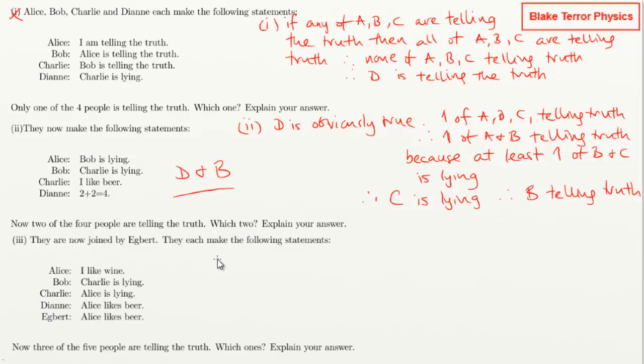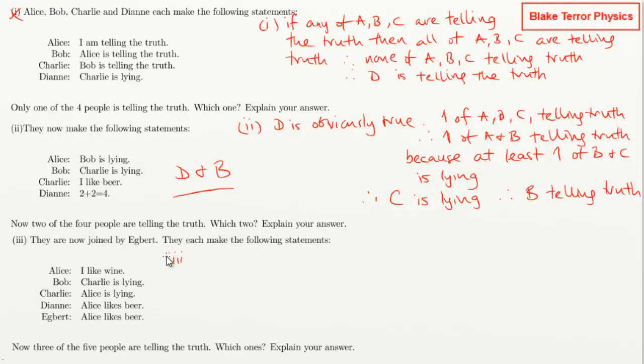So, if we've got 2 of them saying the same thing, then, if D and E were lying, the other 3 would have to be telling the truth, but then Charlie would be telling the truth about Alice lying. So that seems to be a good start, doesn't it?